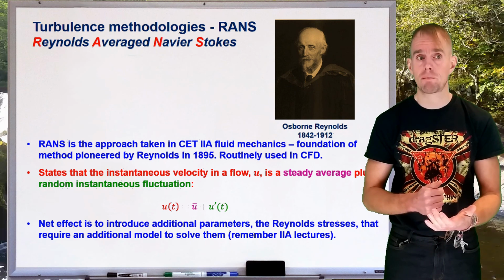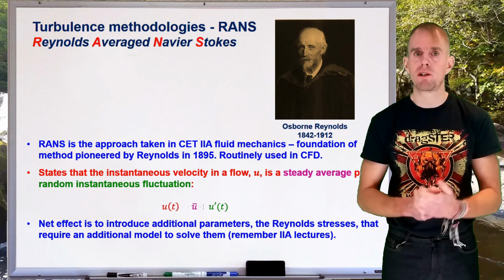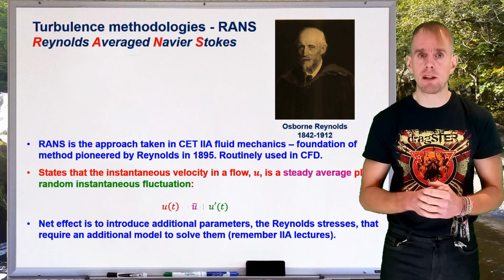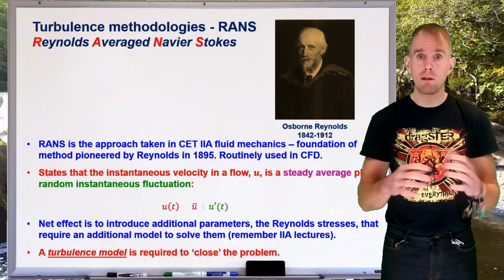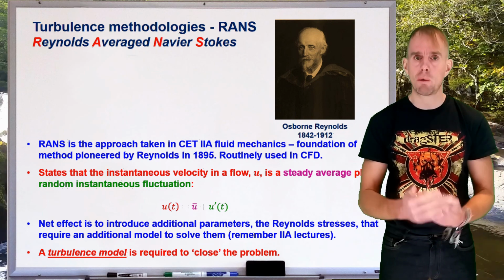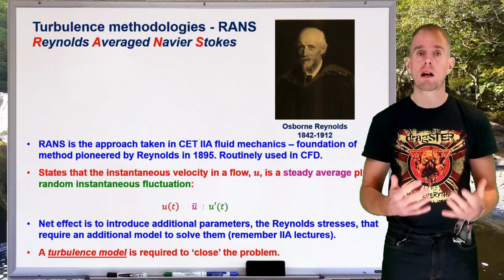It's called the Reynolds stress. And that means that you now have more parameters than you have equations to solve for. And so hence what you need alongside your Reynolds Averaged Navier Stokes equations is a turbulence model. Something that provides an additional equation to sufficiently describe the problem, or what we term close the problem.